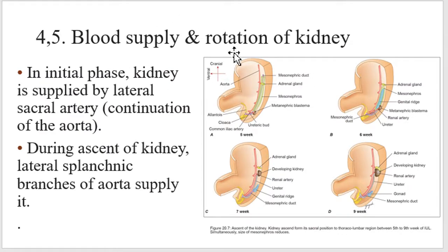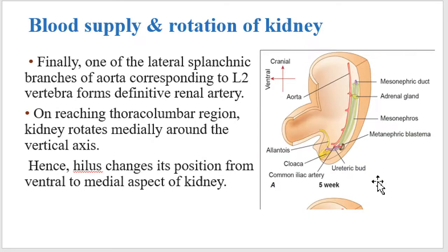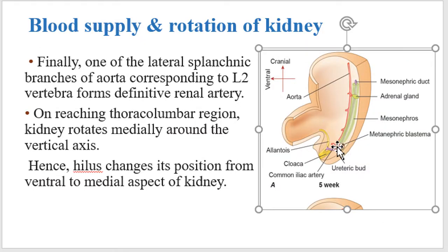Now the blood supply and rotation of the kidney. The kidney is supplied by the lateral sacral artery in the sacral region. During the ascent of the kidney, lateral splenic branches develop. As it ascends upward, these branches disappear.